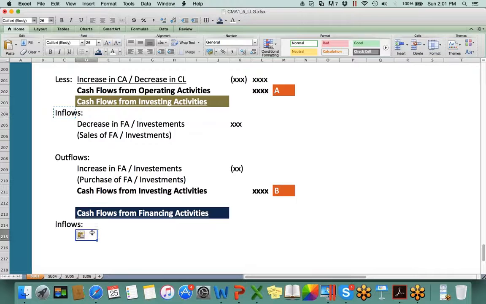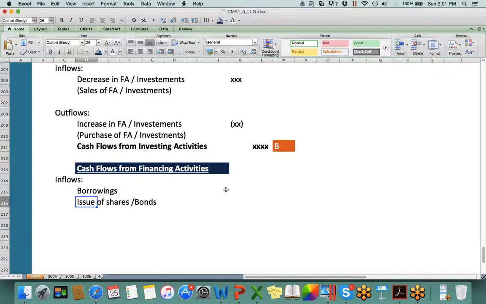There are inflows and there are outflows. What are the inflows? Borrowings, when you borrow money from the banks, and issue of shares or bonds. Then outflows: when you borrow, you will repay the amount sometimes.